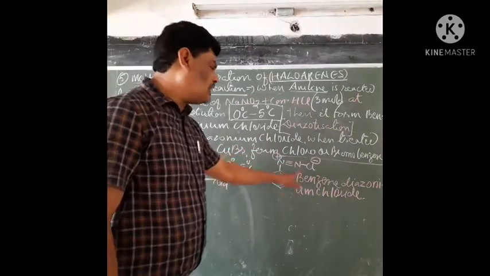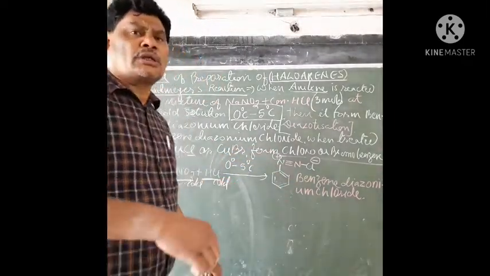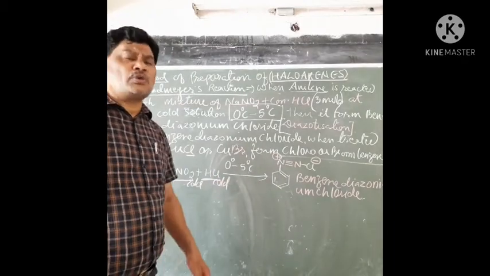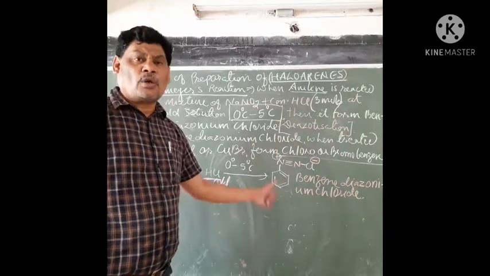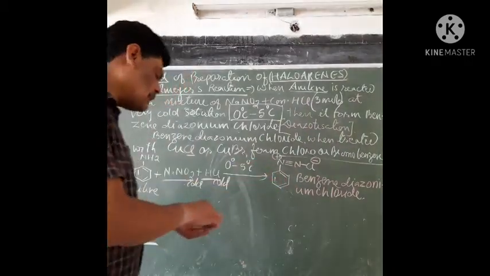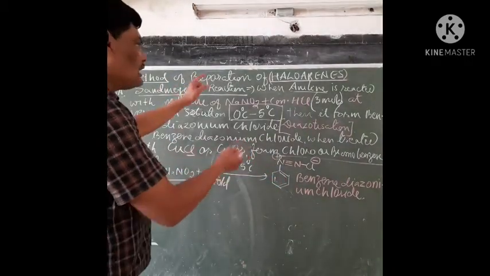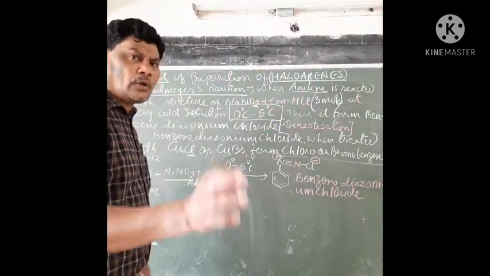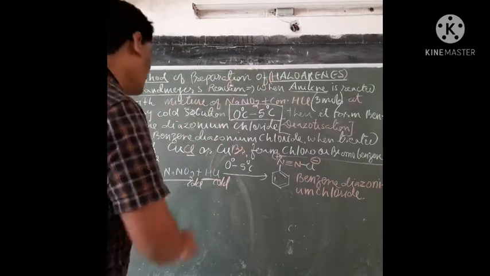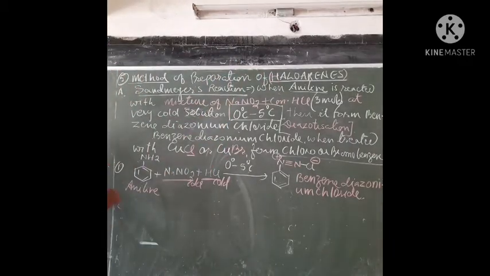With the help of this reagent, we can produce a large number of compounds like many azo dyes, and phenols can be prepared by this compound. Here we are dealing with the preparation of haloarenes, so we have to confine ourselves only up to the preparation of haloarenes. After the first process, the second process is this reaction.